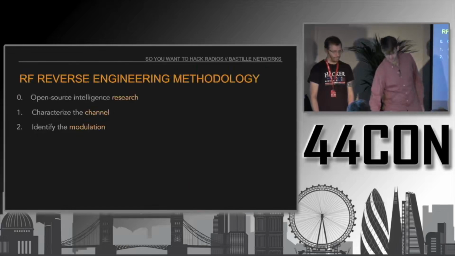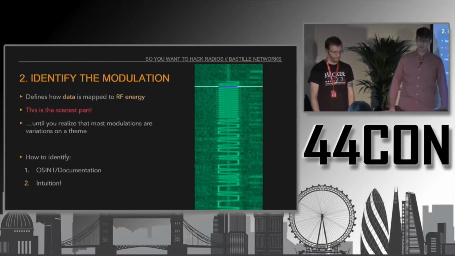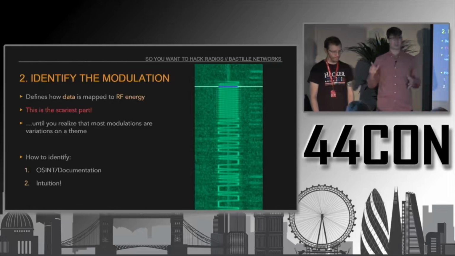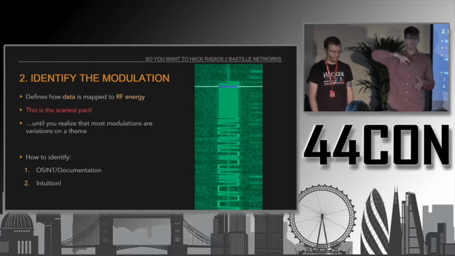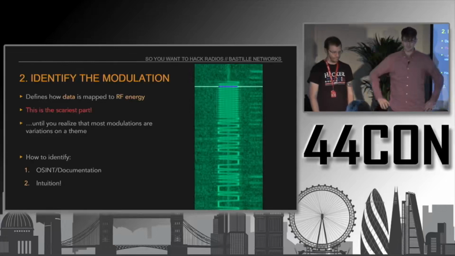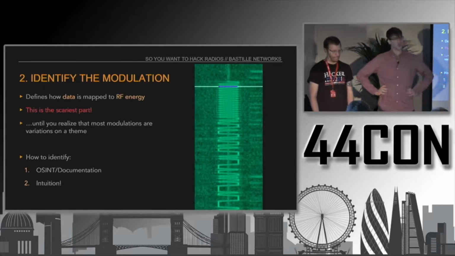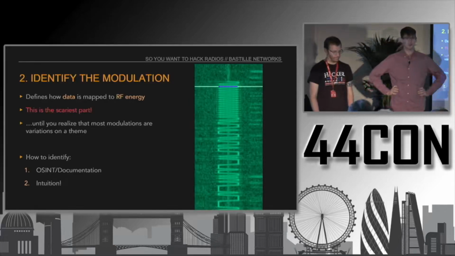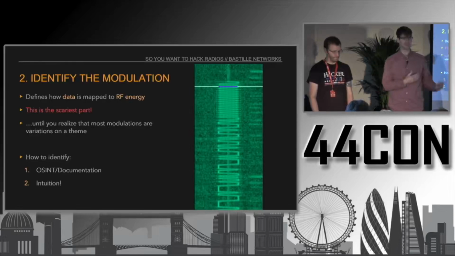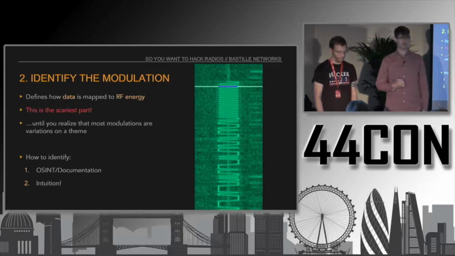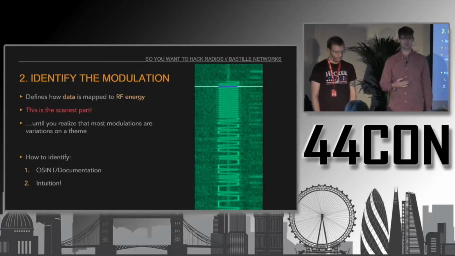The second step is to identify the modulation, which again is the function that defines how our 1s and 0s get mapped into the analog medium. We're going to try to rely on open source intelligence if it exists to do this. If not, we will look at the capture on the spectrum, and we'll try to share some insight as to how you can gain intuition for what a modulation is by looking at it. This part is kind of daunting at first.